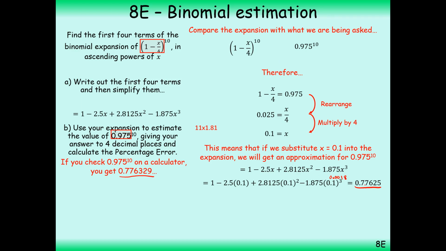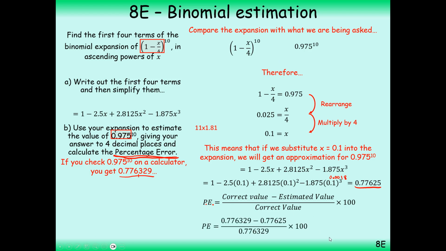The 0.776 is the same, and then it starts to differ by a small amount. This is the formula for percentage error here. P means percentage error. If you don't remember it from GCSE or IGCSE, it is the correct value minus the estimate, divided by the correct value. So what we're going to do is take these two values and find their difference.